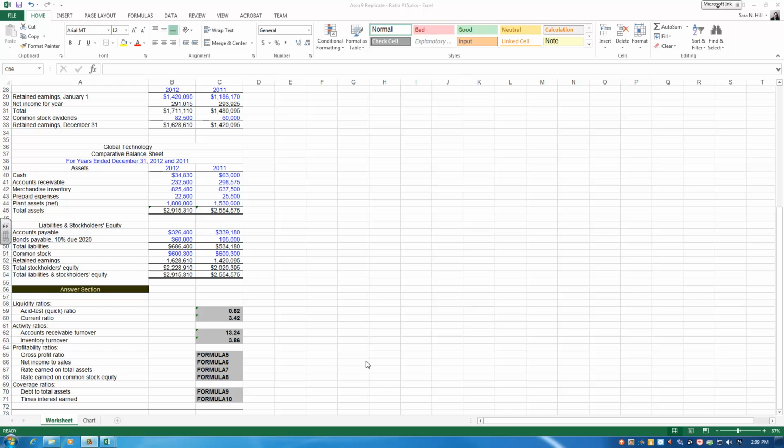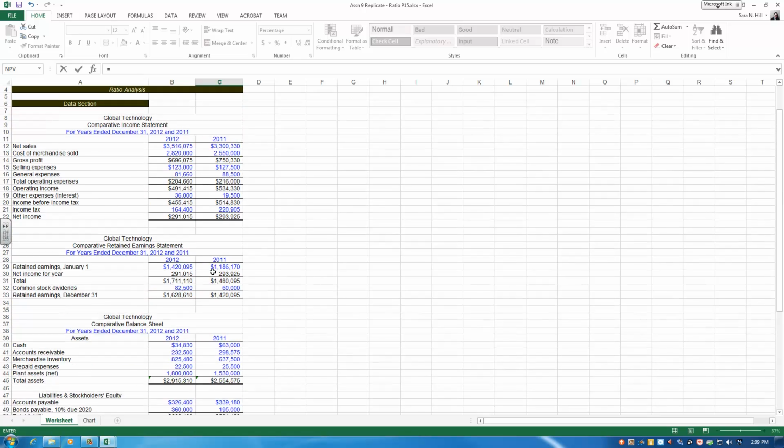Next up is our profitability ratios, starting with the gross profit ratio. The gross profit ratio is basically the ratio of your gross profit to net sales expressed as a percentage. So let's get started with this formula and go ahead and grab our gross profit. We're going to find that up in our income statement.